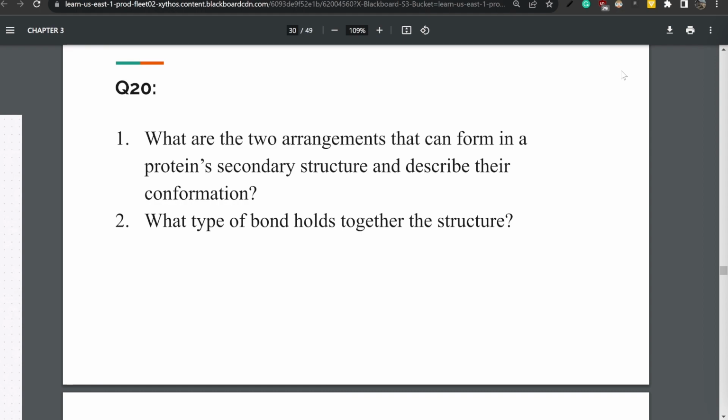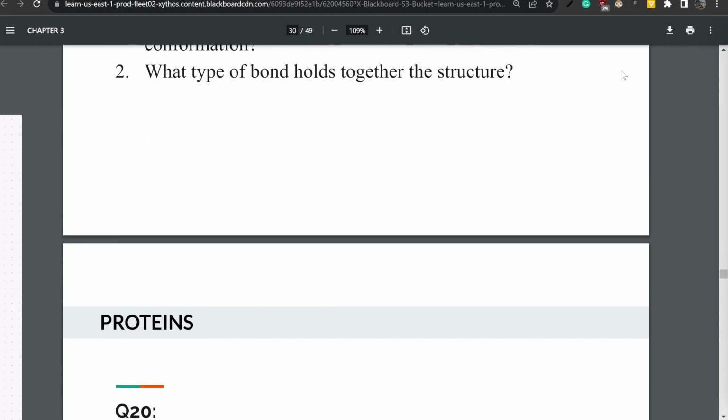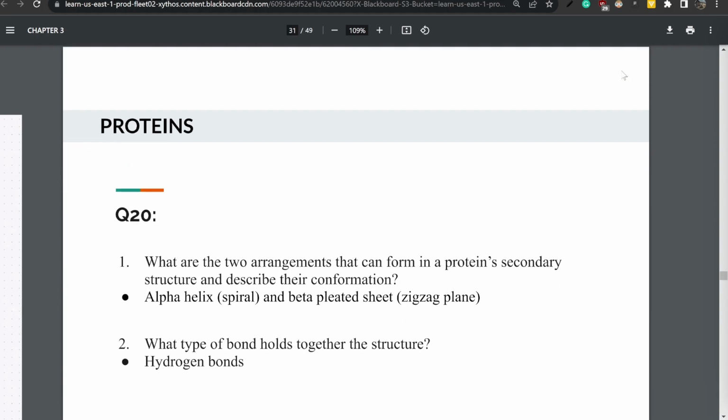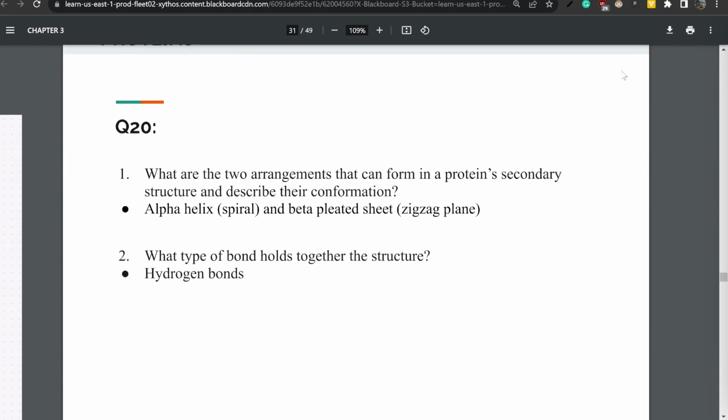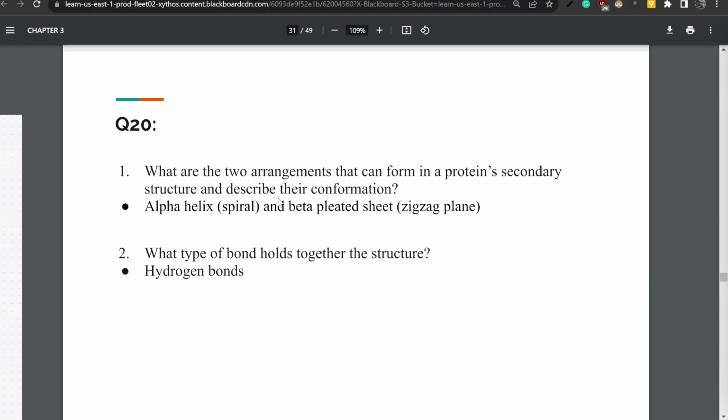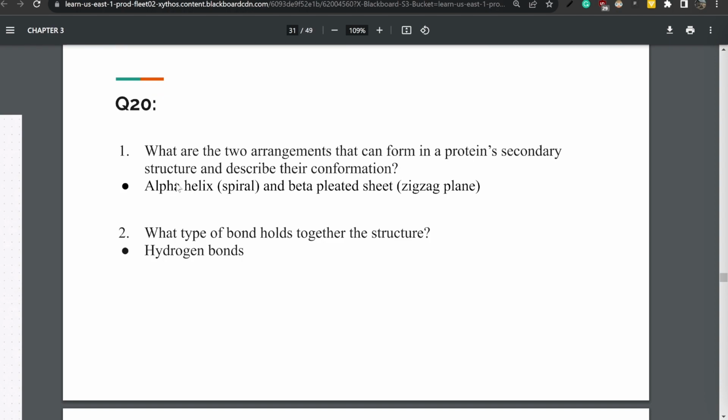Oh, yeah, alpha and beta. Beta pleated sheets, alpha helix. Hydrogen bonds. The helix, I'm just recalling, has two different formats, left hand, right hand. Beta pleated sheets also have two different types of sheets, parallel and anti-parallel.